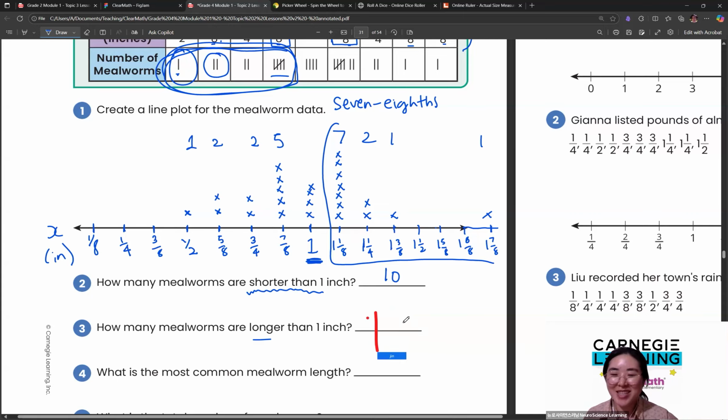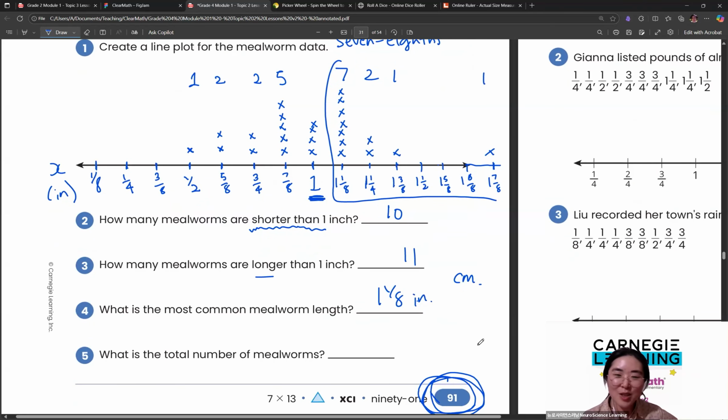Yeah. Nice work, team. Awesome. Okay. Number 4. What's the most common mealworm length? 1 and 1/8. Yes, 1 and 1/8 inch. And to make inches shorter, we just write IN. Kind of like how we write centimeters as cm.